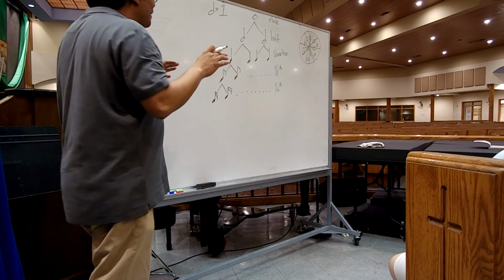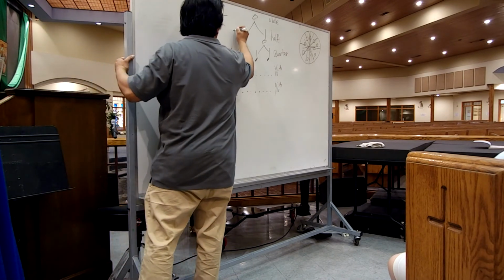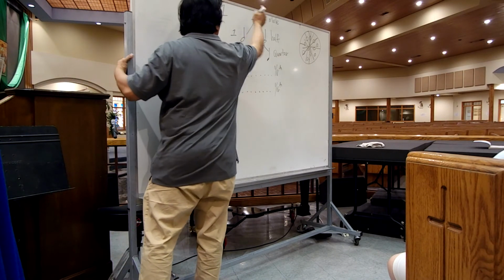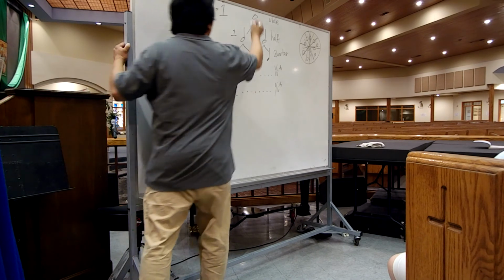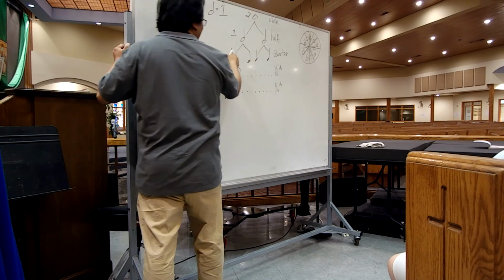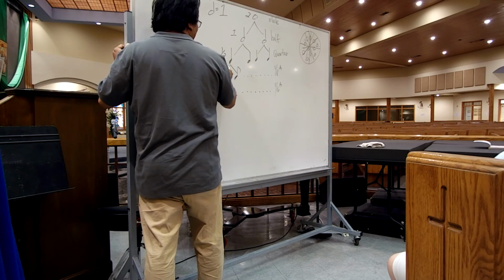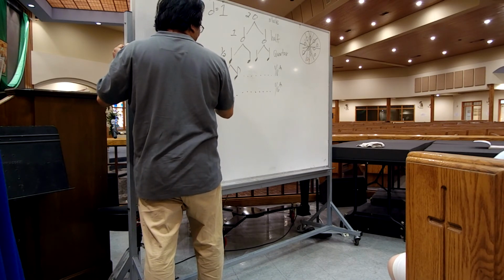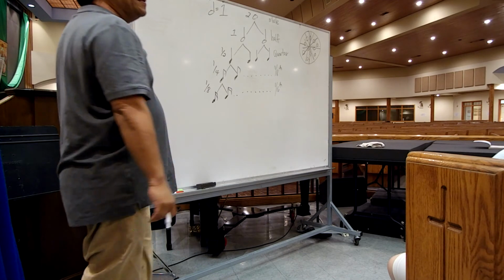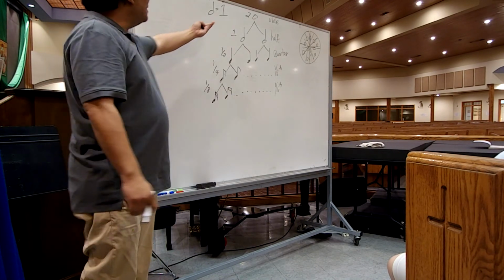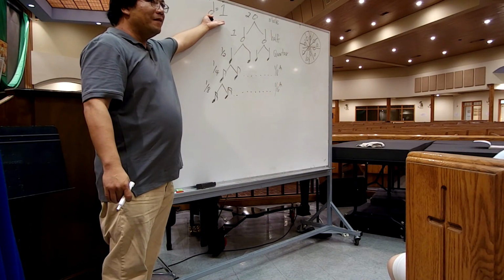No, not always. What if this is 1 now? How much is this? 2. What about this? Half. What about this? 1 quarter. What about this? 8. You see? This condition right here changes everything, doesn't it?